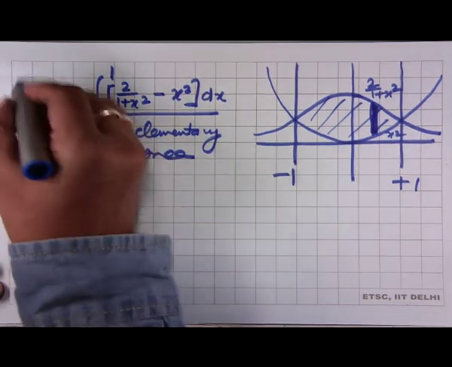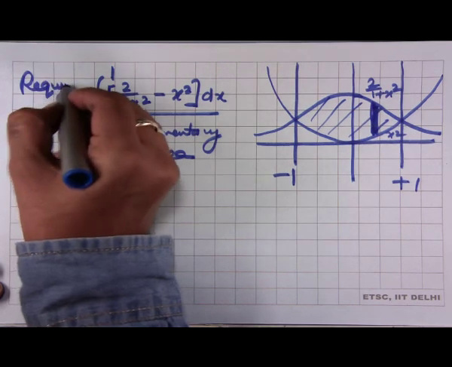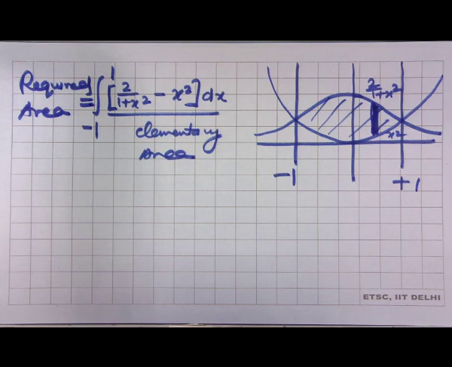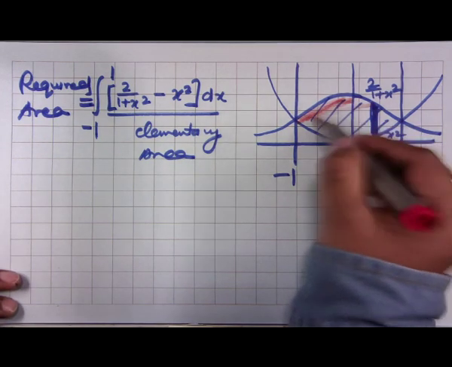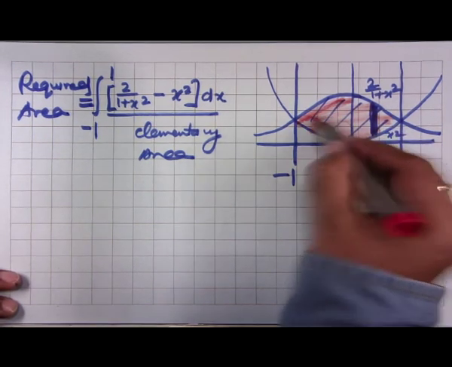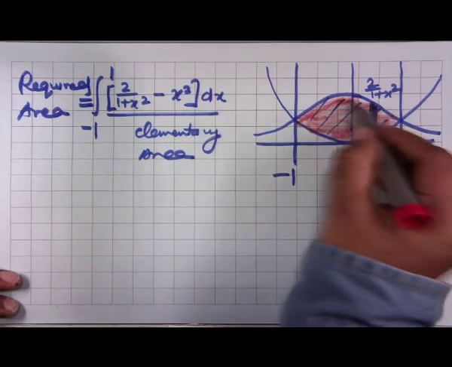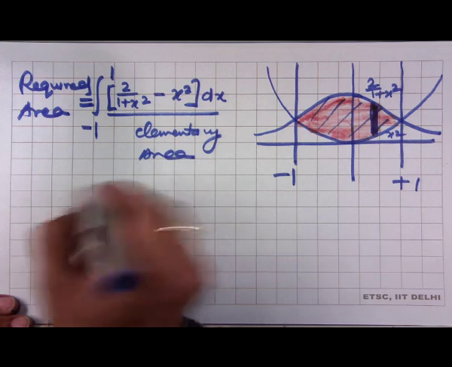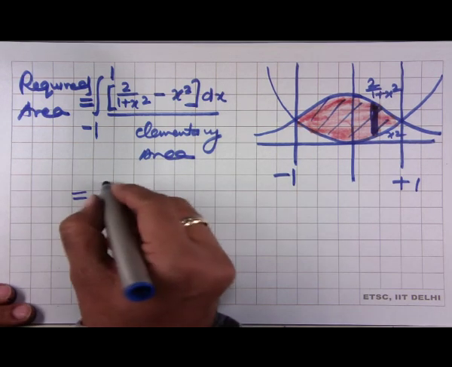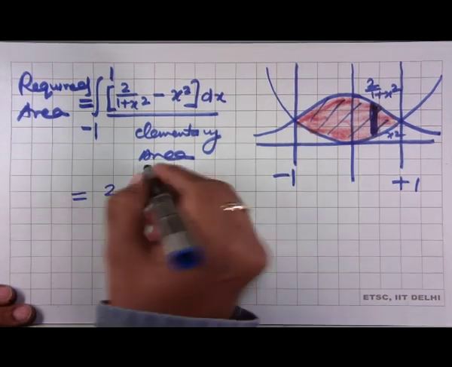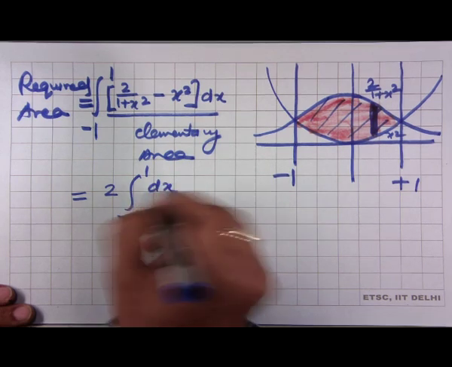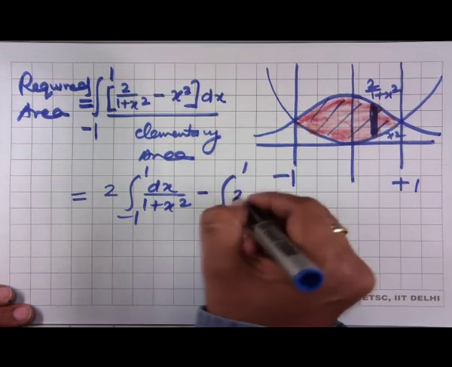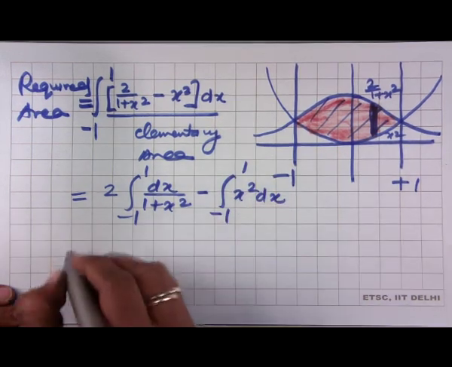So, the required area, the red shaded region, is equal to 2 times the integral from minus 1 to 1 of dx by 1 plus x square, minus the integral from minus 1 to 1 of x square dx.